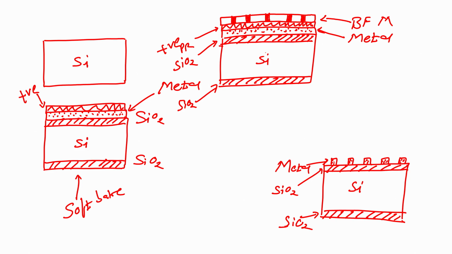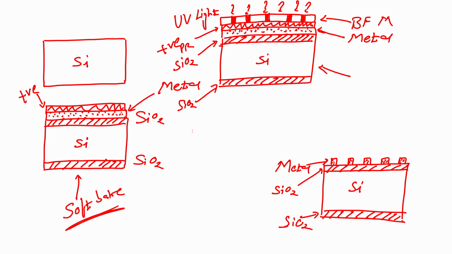After you load the mask, you have to do lithography. So, you are exposing with UV light. Soft bake, load the mask, expose the wafer using UV light. Next step would be to develop this wafer. If I develop this wafer, what will happen?